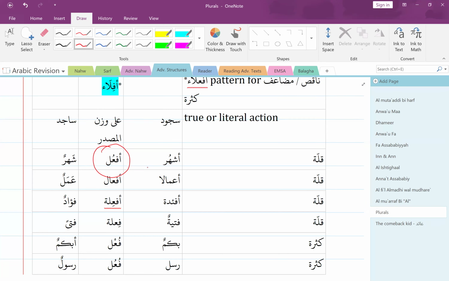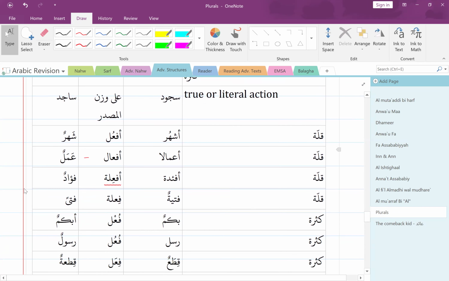That's number 1. The second one is this other pattern af'al. So amalun, a'mal. Okay, amalun, a'mal, af'al. So anything that falls into this pattern of af'al, that's also a jam'u qilla. And then you have af'ila. So fu'adun, af'ida.